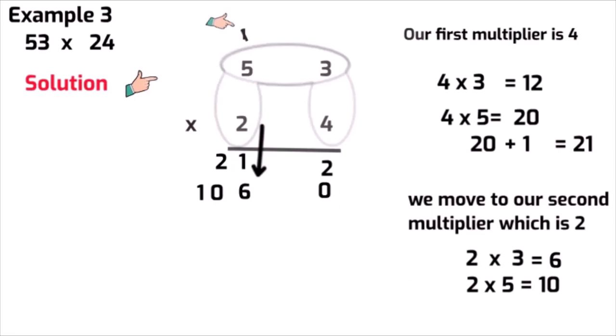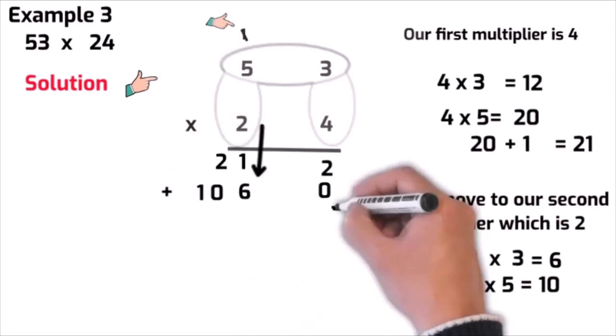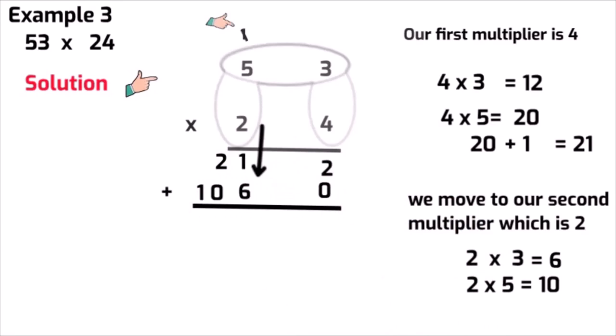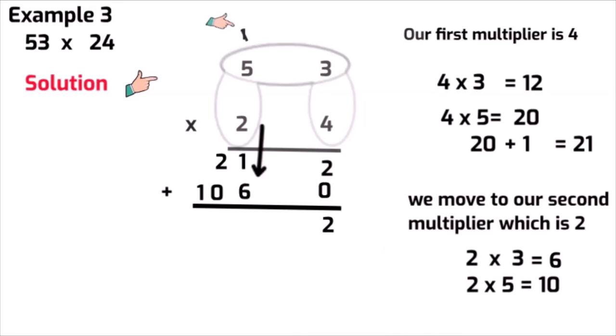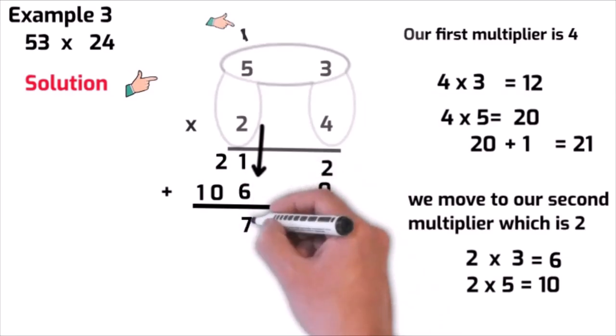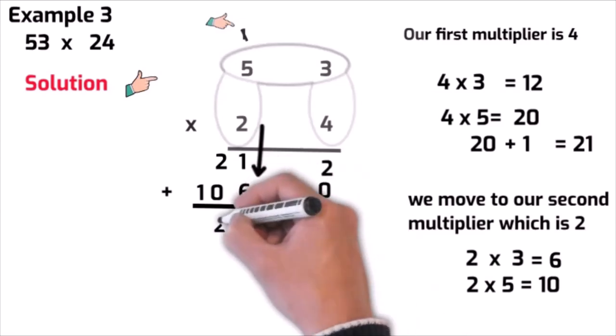It is time to add. So let's place our addition sign here. Now let's add. 2 plus 0 is 2. 1 plus 6 is 7. 2 plus 0 is 2.